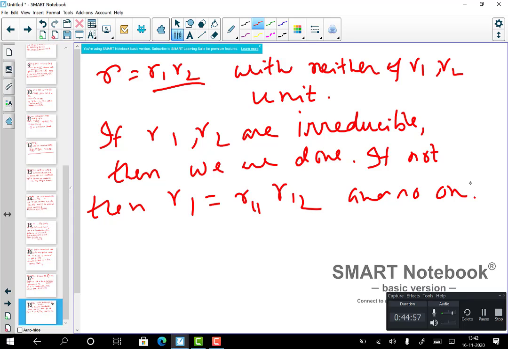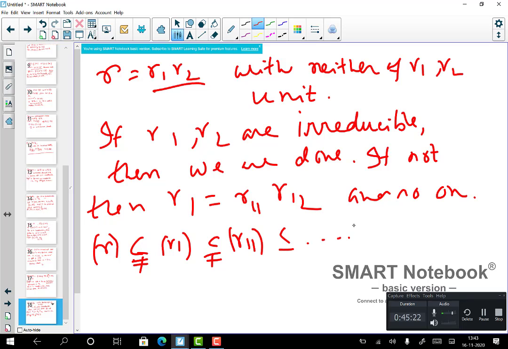So what does that mean? That means you are getting a chain of ideals, right? You start with R, and you see that R is contained inside R1, okay? And this cannot be the same. This is a proper ideal because neither of R1, R2 is a unit, right? So a proper ideal. Similarly R11 and so on, right?